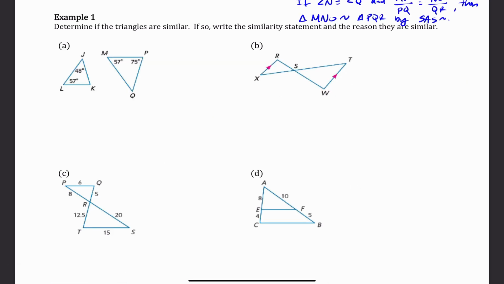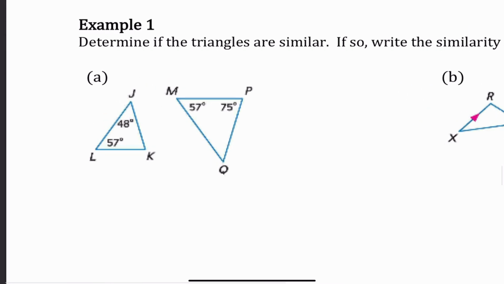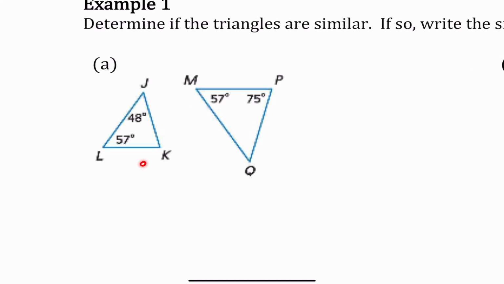Okay, so let's go ahead and utilize those similarity theorems that we just talked about. Here are some examples. So we have example 1a. I got the smaller triangle to the bigger triangle.